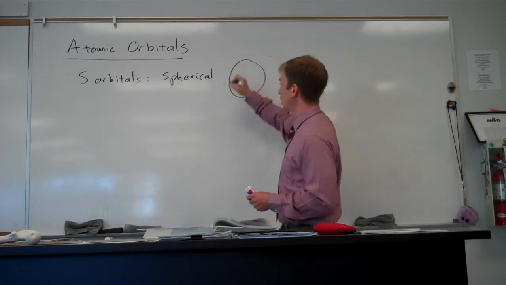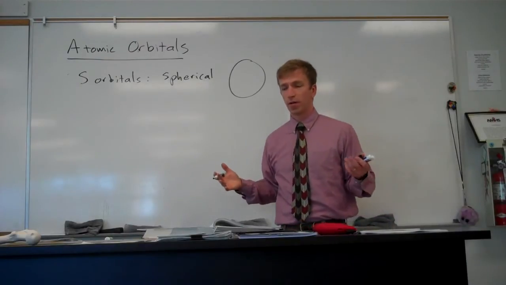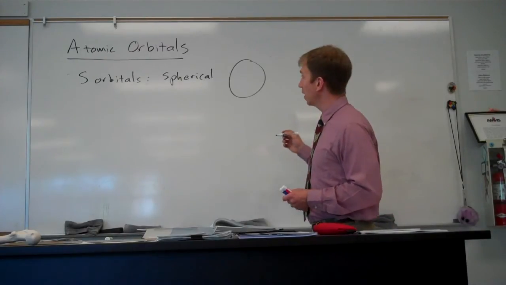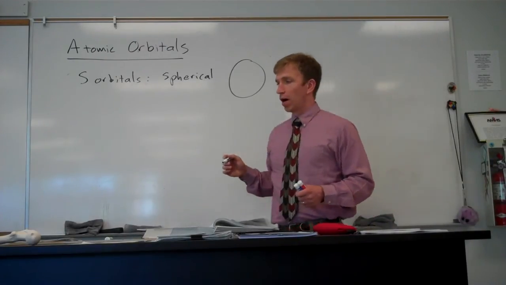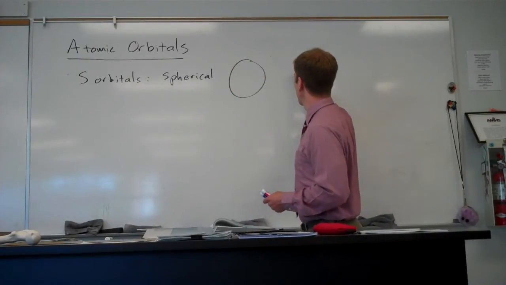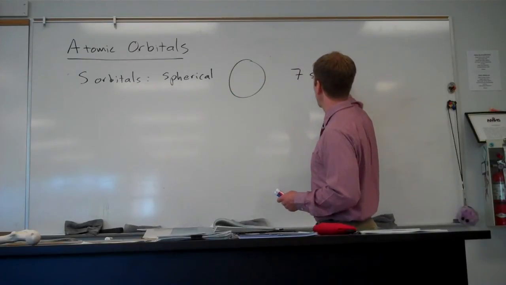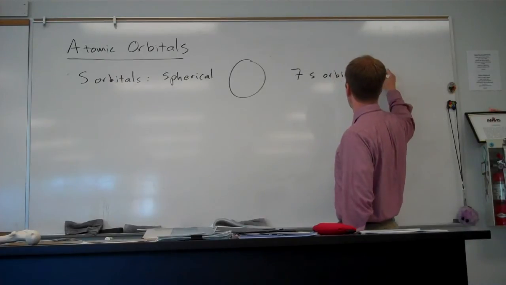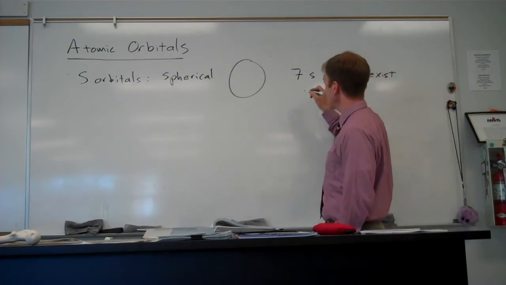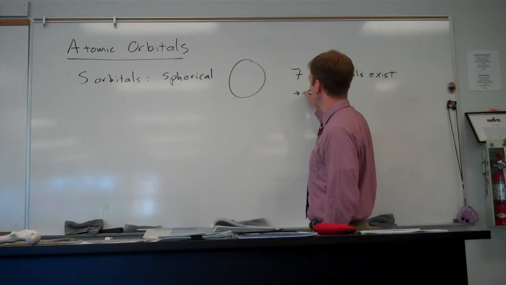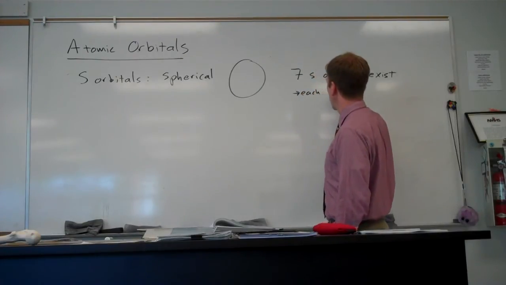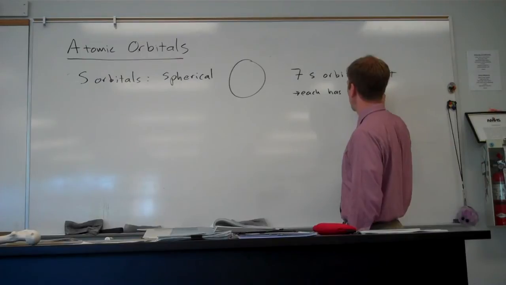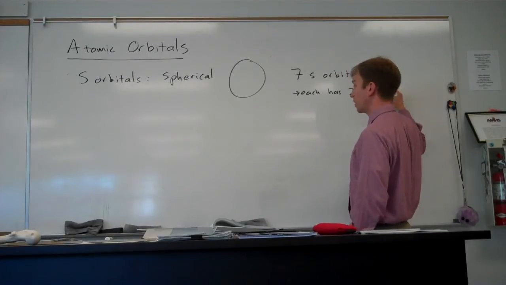And I'll just draw it as a circle, even though it's actually three-dimensional. And there are 7 s orbitals. Each has 2 electrons, at least potentially.